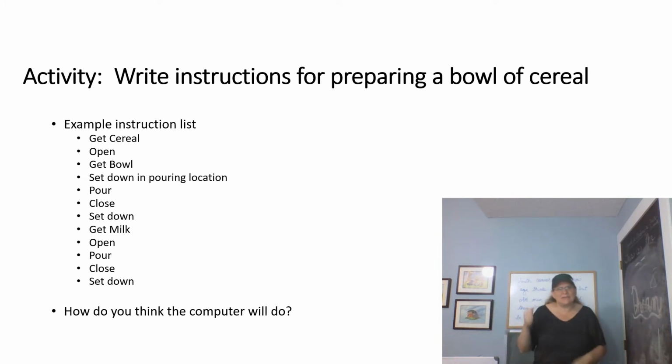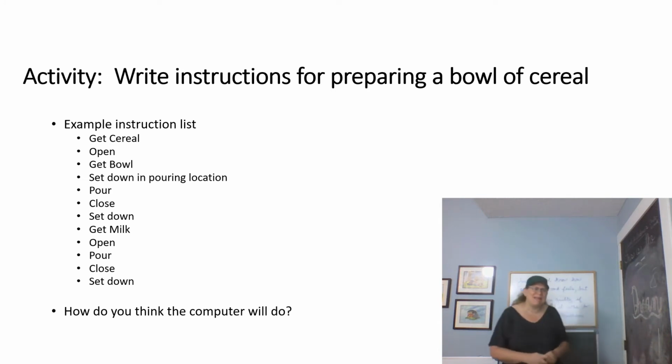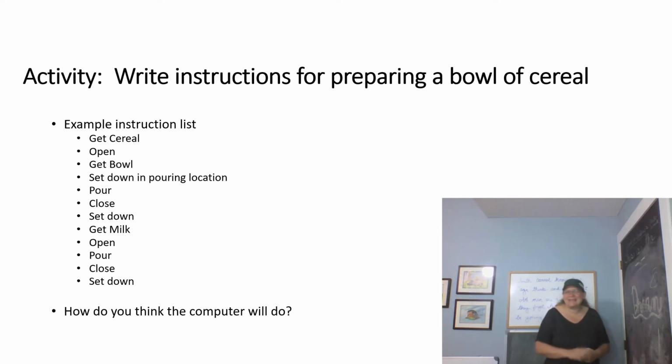Then you're going to get the milk and open that and pour it and close it and set that down. Now, if you gave those instructions to a 10-year-old child, you'd probably get a bowl of cereal, right? What do you think the computer is going to do? Well, my son helped me record a video where I'm the computer, and that is coming up next.